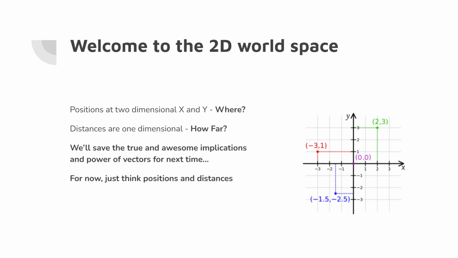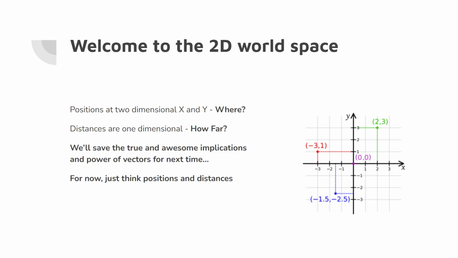You can think of that in terms of a distance between 2 points, where the difference between those two has an x component and a y component. So in our Cartesian coordinate system with an x and a y, we can figure out how far it is along that vector by using this good old Pythagoras' theorem. We'll save some of the ultimate implications and awesome powers for later. But think of positions and distances.